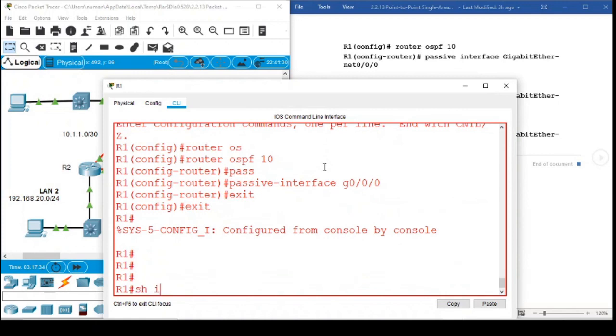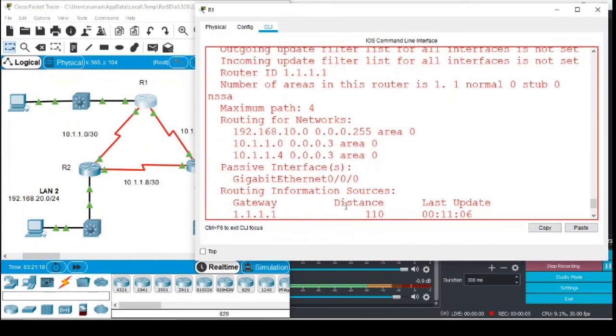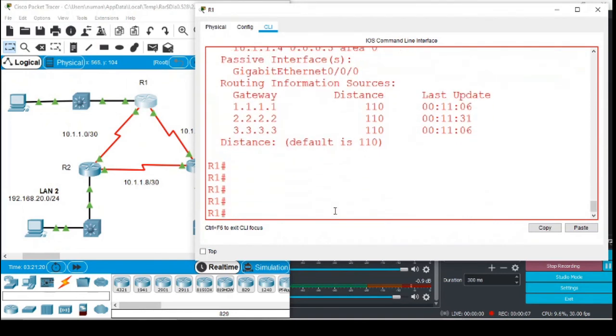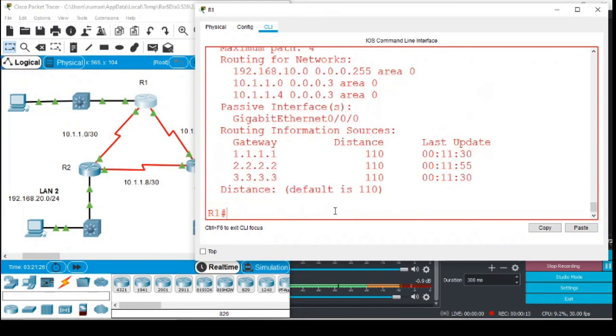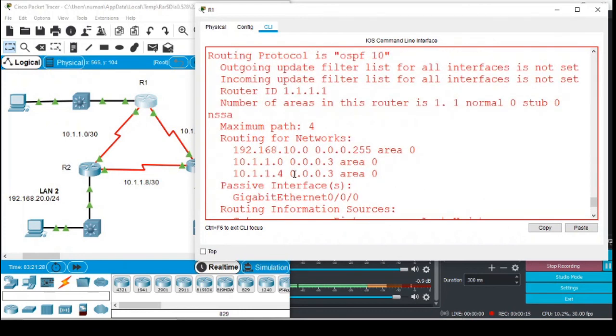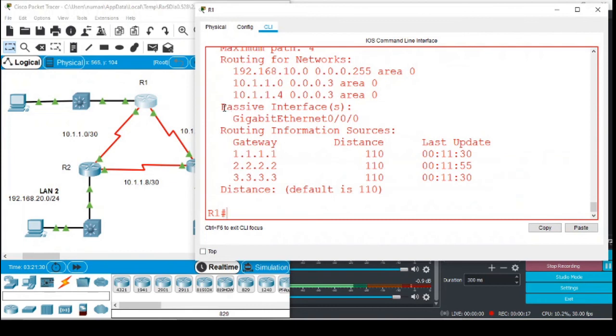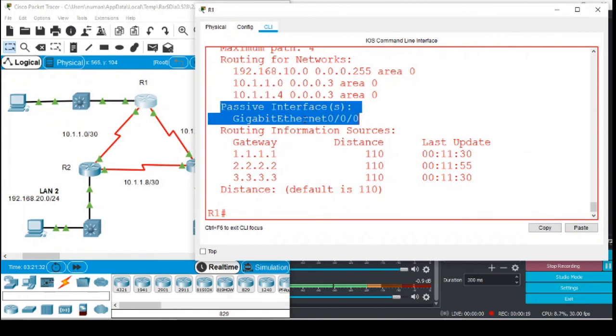To verify the passive interface, the command is show IP protocols. Once you run this command on router 1, you notice that it mentions the passive interface is GigabitEthernet 0/0/0.